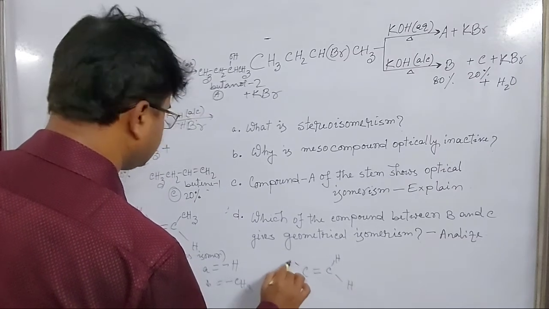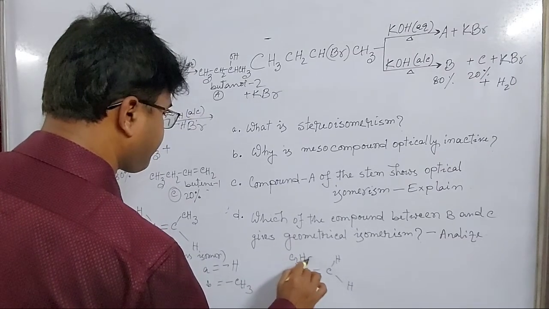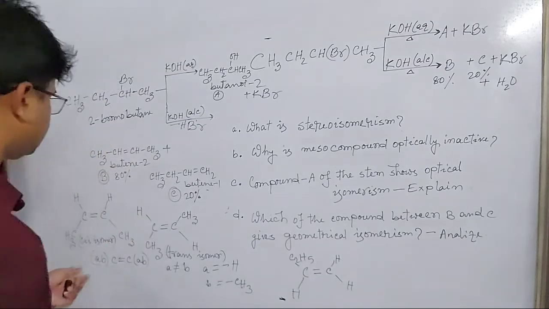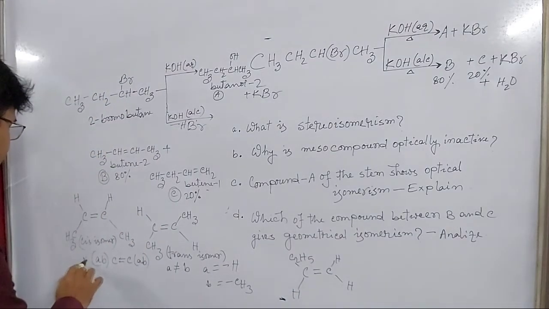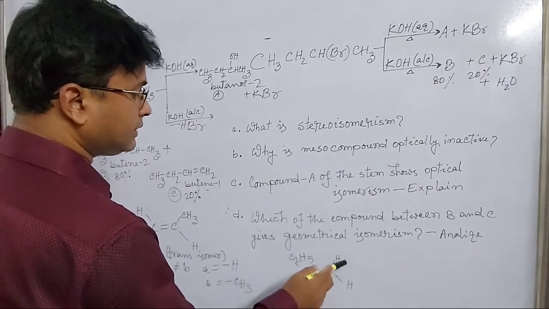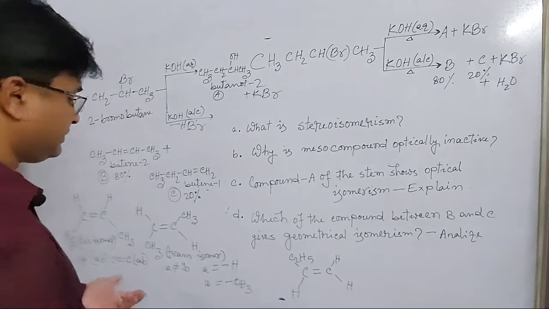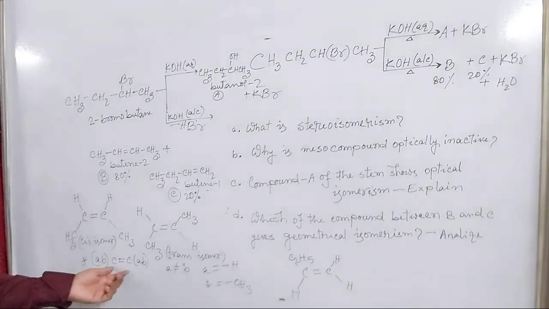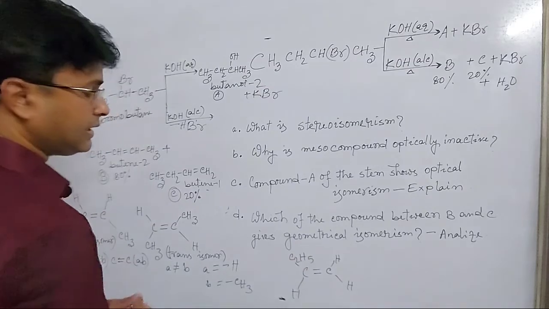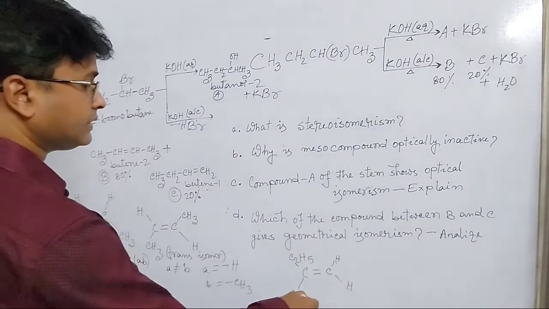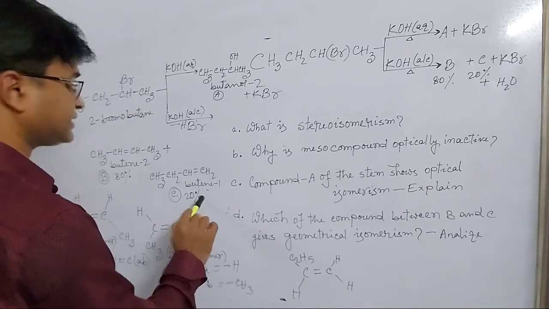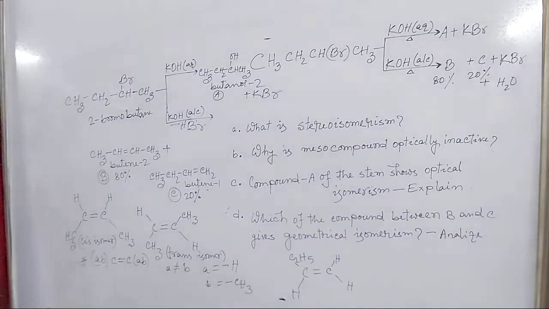Compound C does not follow this condition, because here 3 hydrogen atoms are present, but according to this condition I need 2 different atoms or groups here, but here 3 atoms are the same. So compound C of this stem will not show geometrical isomerism.